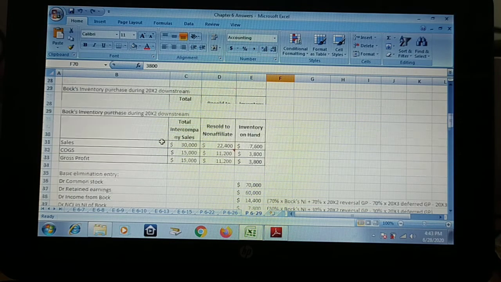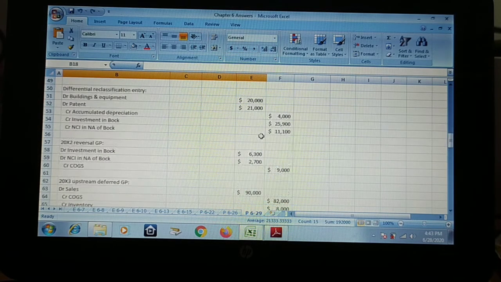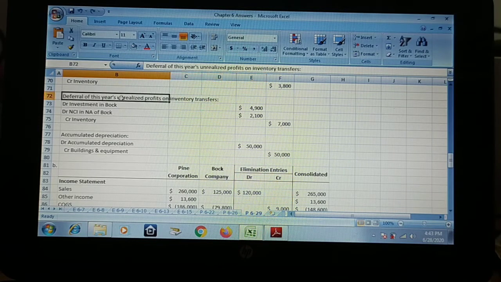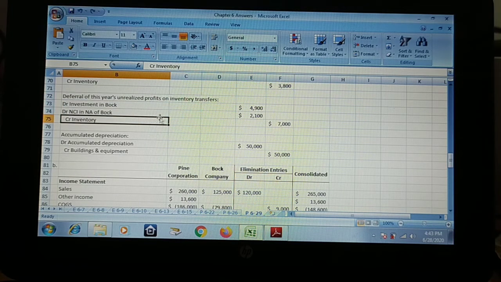And then remember, this inventory has been more than 2 periods, so we need to do this entry, the deferral of this year's unrealized profit on inventory transfers. So instead of credit COGS, we credit inventory. Okay, because it is already 2 periods and not resold again, so we need to make this entry.